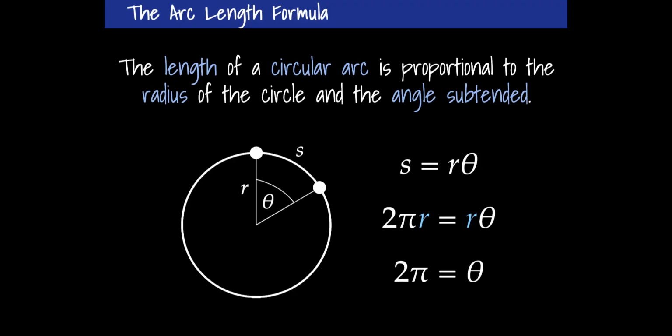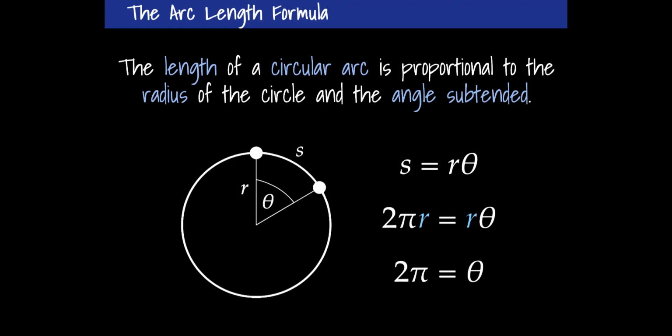But it's got a problem that's built into it, you see? Because if I go all the way around the circle, just to test this equation, then surely the distance s that I go is the full circumference of the circle, 2 pi r, which would mean that for going all the way around the circle, 2 pi r is equal to r times theta.